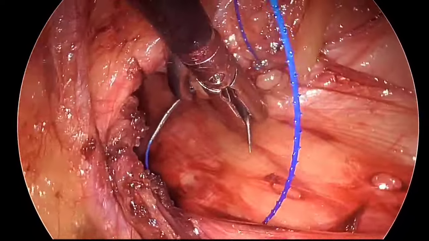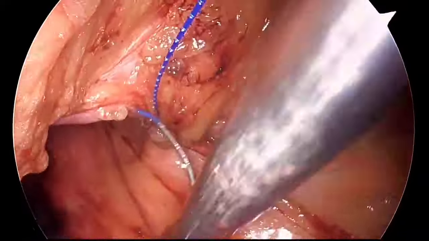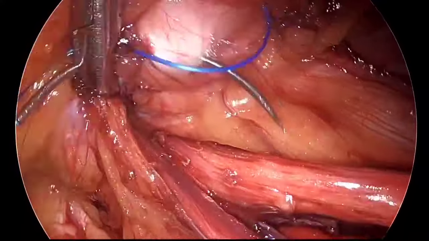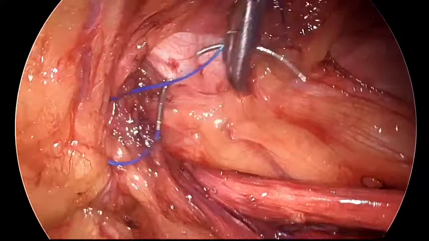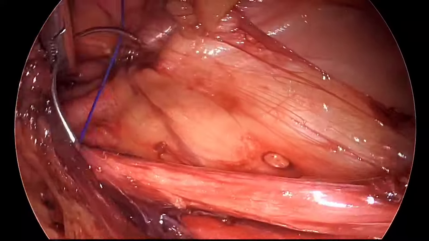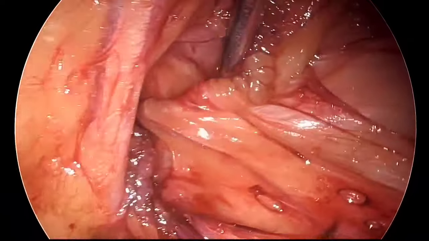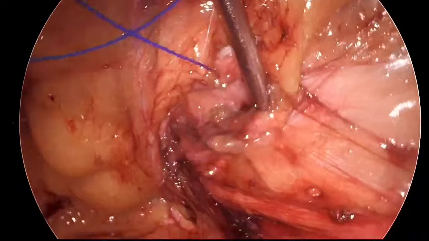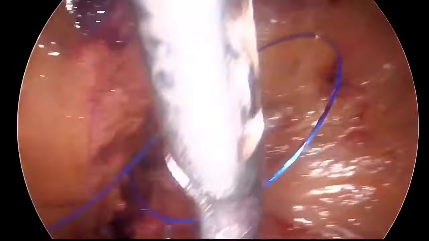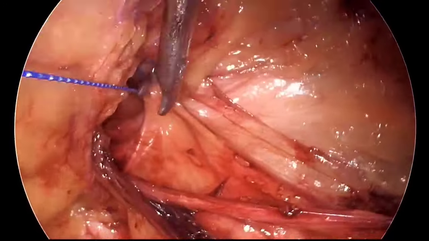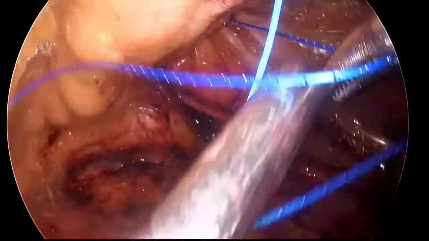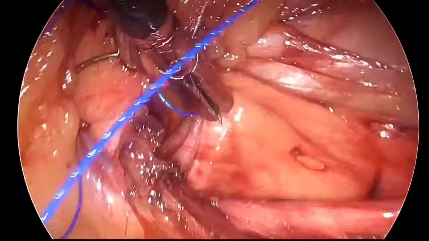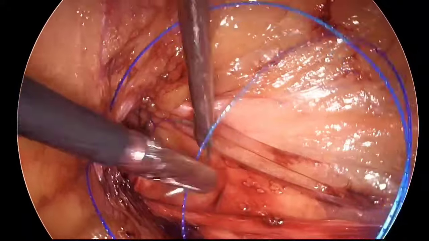This is an important step in large recurrent inguinal hernias where the defect is more than 3 centimeters, around 4.1 centimeters as per CT scan. Although it's an indirect hernia, I have decided to partially narrow down the defect using a non-absorbable 1-0 V-Loc suture. I start from the lateral end, taking the arch fibers and the iliopubic tract.